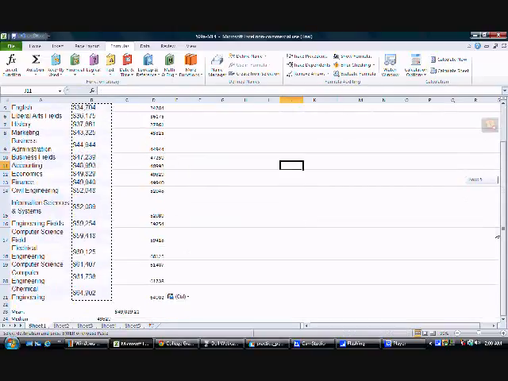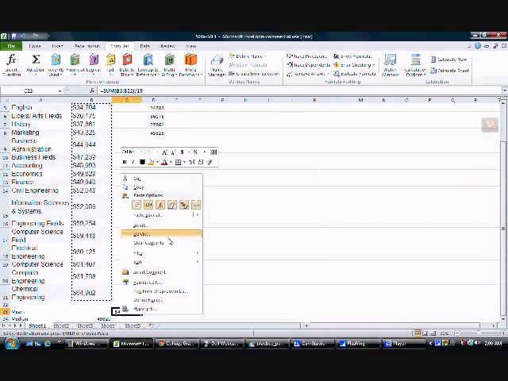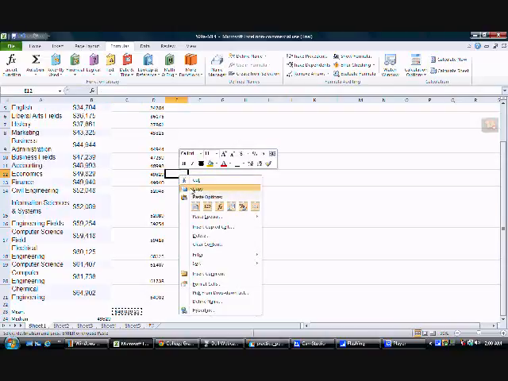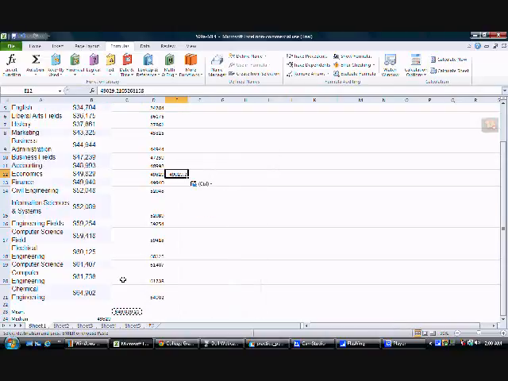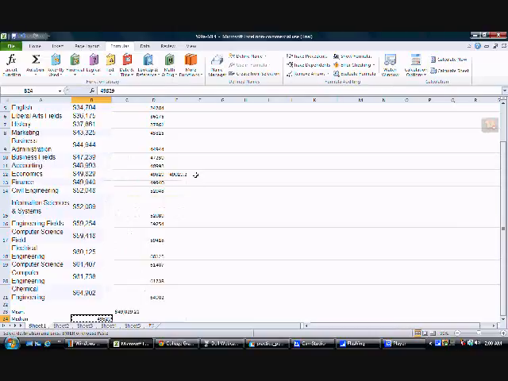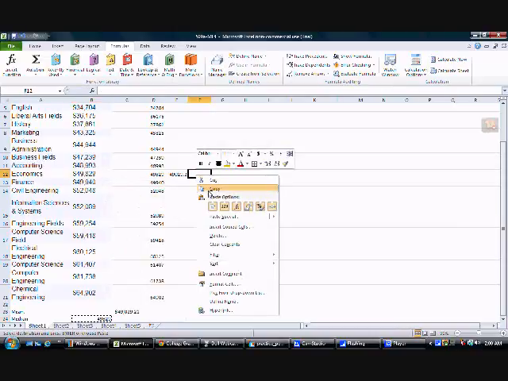Right next to the values, I will also copy and paste the mean. And right next to the mean, I will copy also the median.